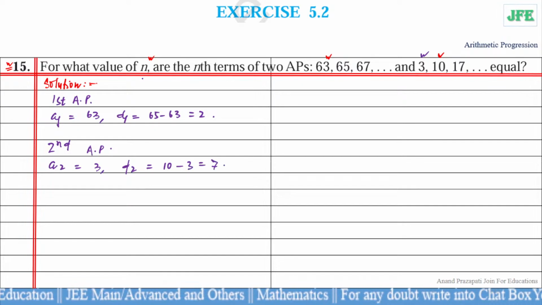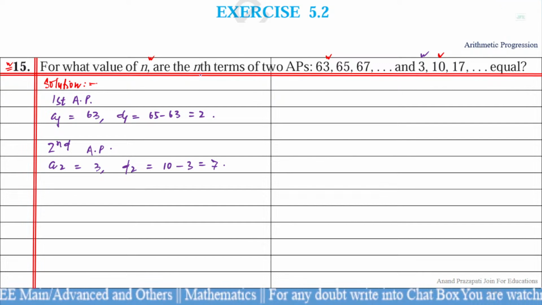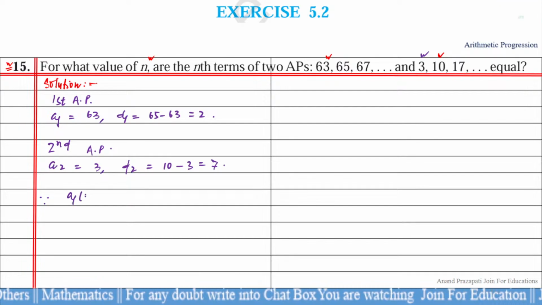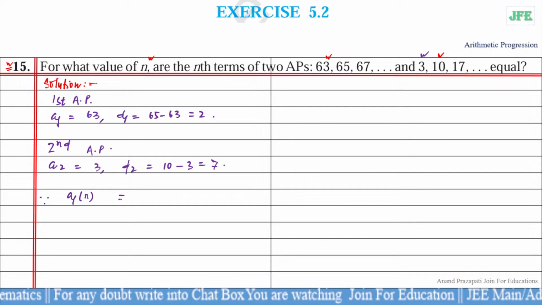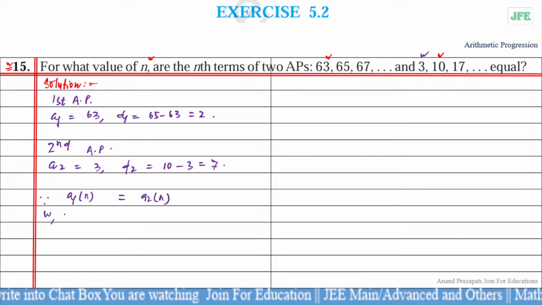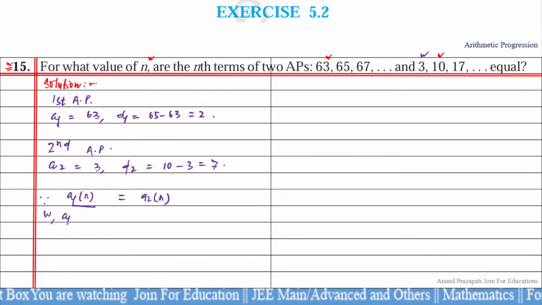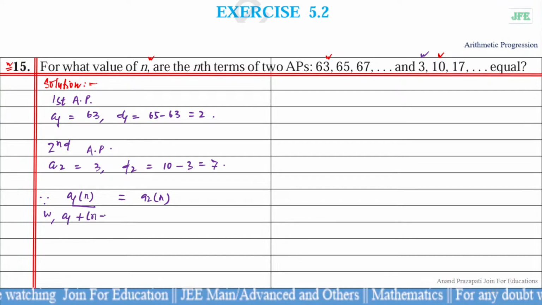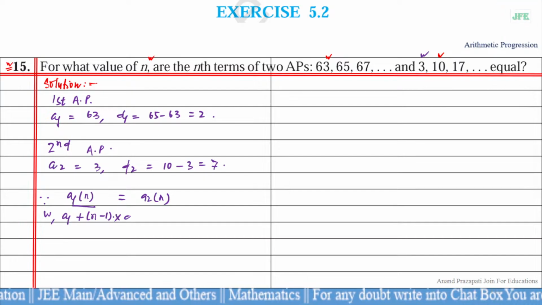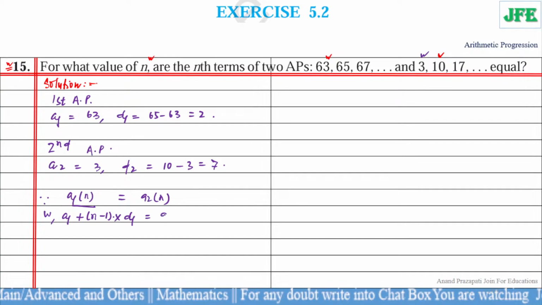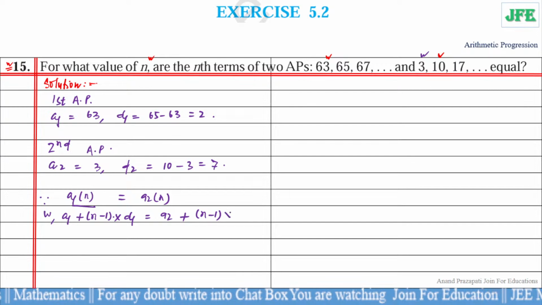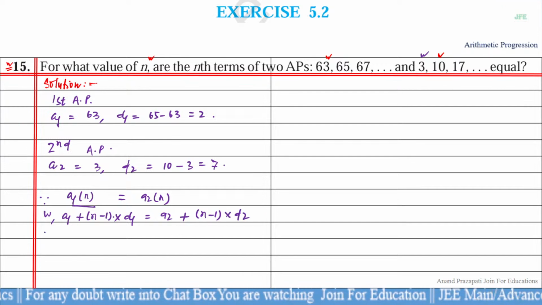From the question it is clear that the nth terms of these two APs are equal, therefore a1n equals a2n. So this becomes a1 plus (n minus 1) into d1 equals a2 plus (n minus 1) into d2.